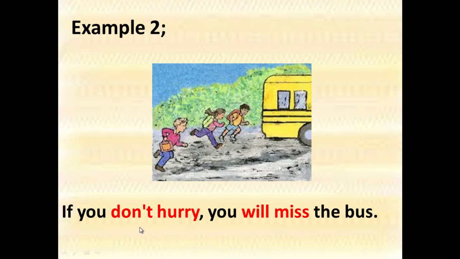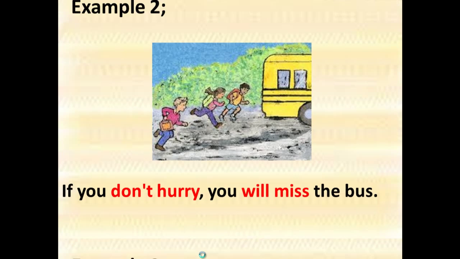Don't hurry, negative, present simple. If he doesn't hurry, you will miss the bus. Will miss, the verb here is in the future simple tense, so it is possible to miss the bus.